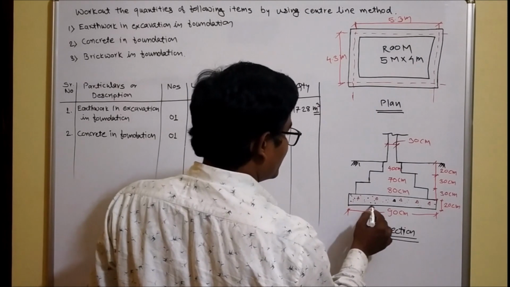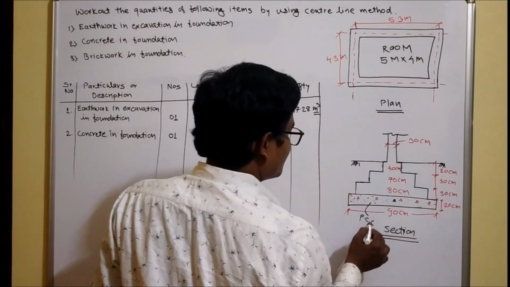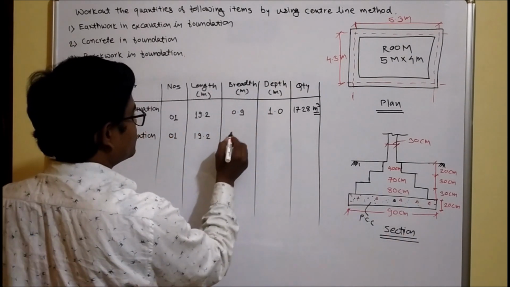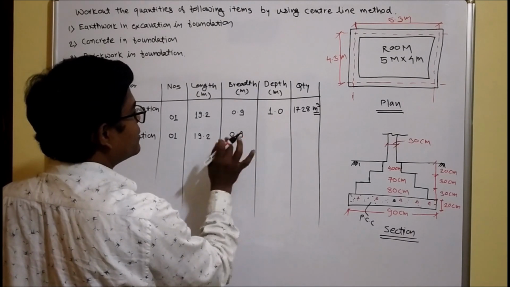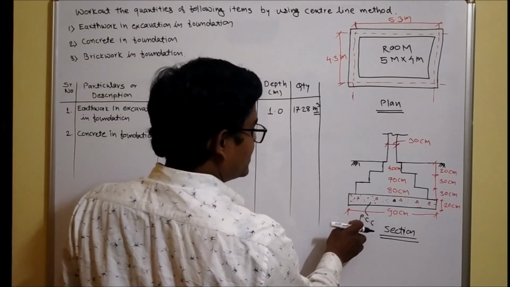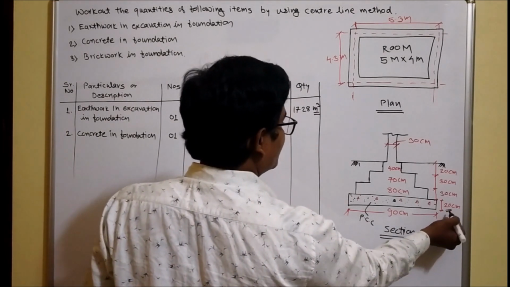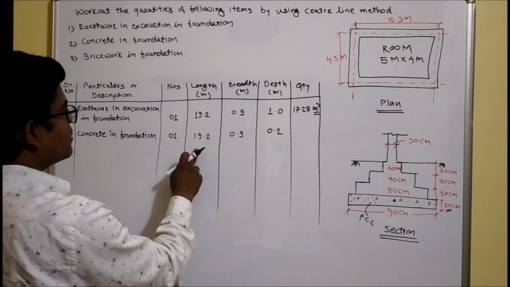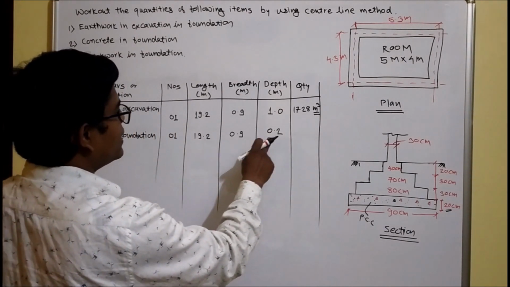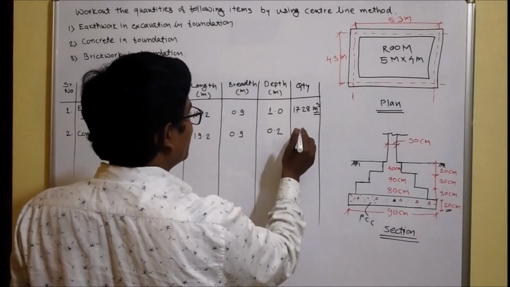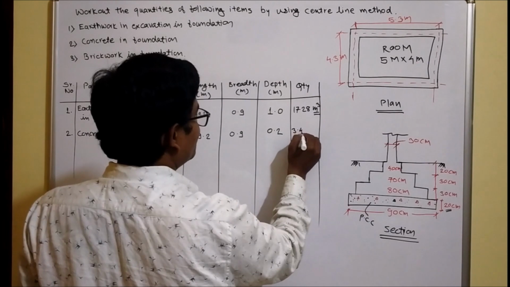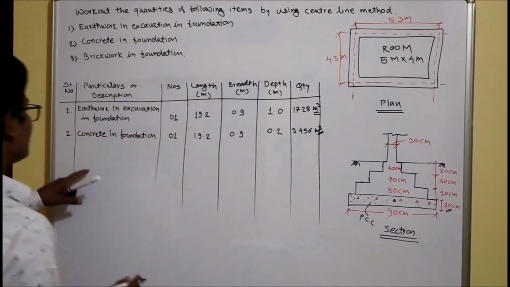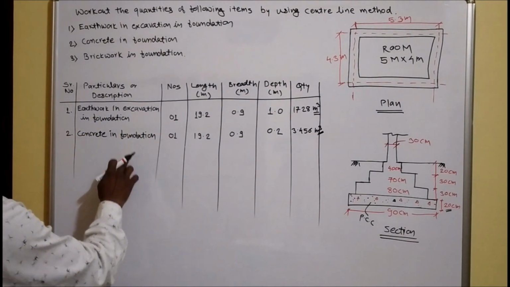So we have to calculate this one, PCC. The width of this PCC is 90 centimeter. So I will write here 0.9 meter. And what is the depth for PCC? That is 20 centimeter, 0.2 meter. Again, we have to multiply length, breadth and depth. And we will get the quantity 3.456 cubic meter. Again, concrete work is measured in cubic meter.